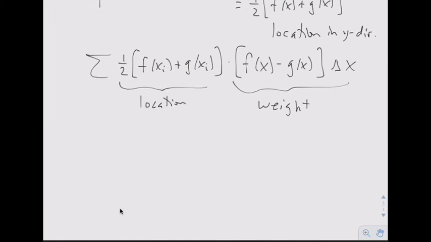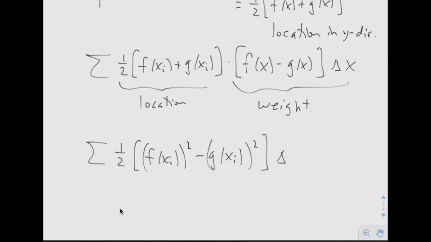Now, the one thing you'll notice is if I multiply the two binomials together, f of x sub i plus g of x sub i and f of x sub i minus g of x sub i, you'll recall from algebra class that's a difference of squares. So I'm going to end up with a sum of 1/2 f of x sub i squared minus g of x sub i squared delta x.